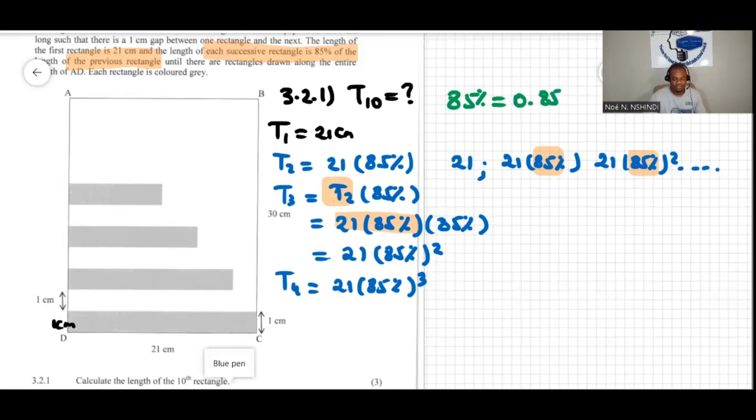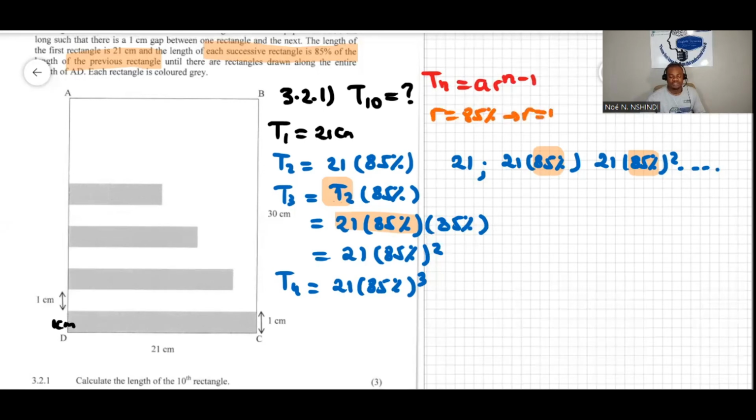Because there is a constant ratio, we understand that this is a geometric pattern. The geometric pattern is given by the formula Tn equals a r to the power of n minus 1, where r is 85%, which means r is just 0.85.